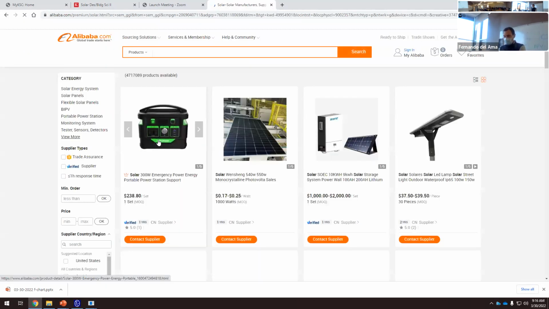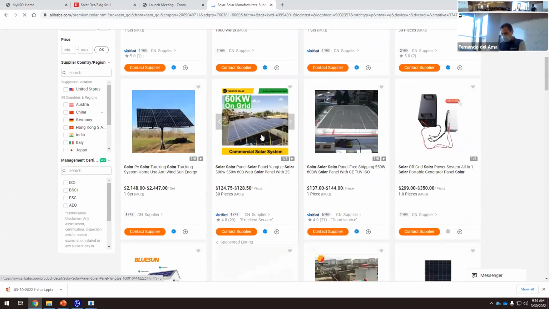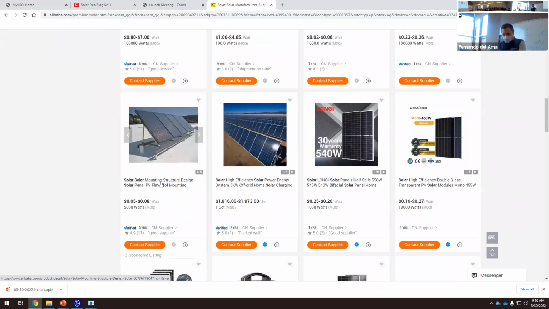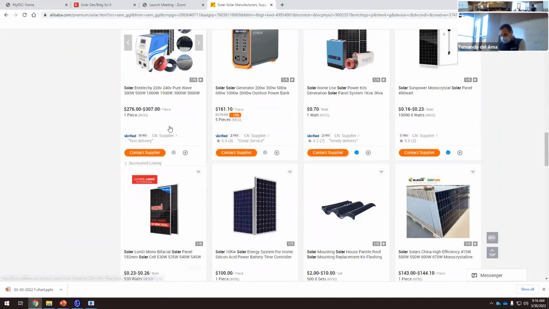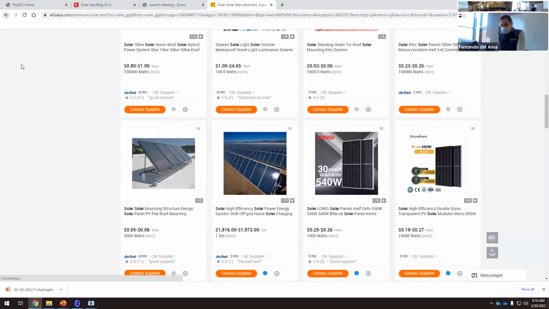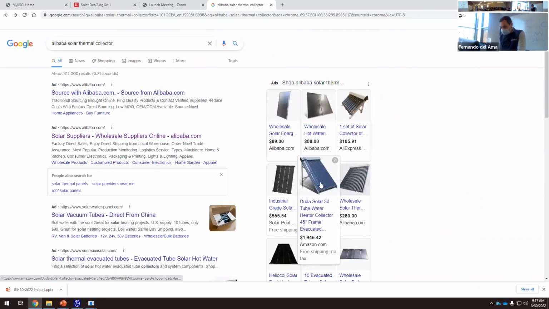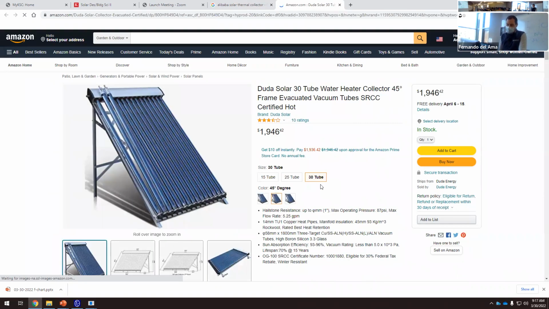Here we have PV panels. Those are solar, but this is not a PV. I would like to find the heat pipes. So here we have the heat pipes, the evacuated. Okay, it's Amazon. Let's trust Amazon.